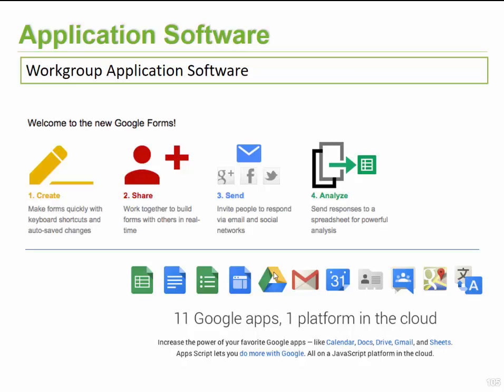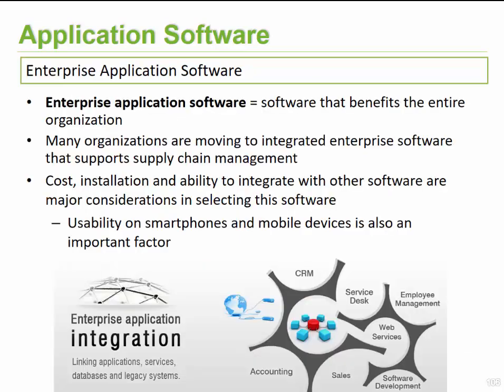If we look at the next sphere, enterprise application software, the aim of this type of software is that it benefits the whole organization. Companies would typically move to an integrated enterprise software approach where it supports, for example, the whole supply chain management.